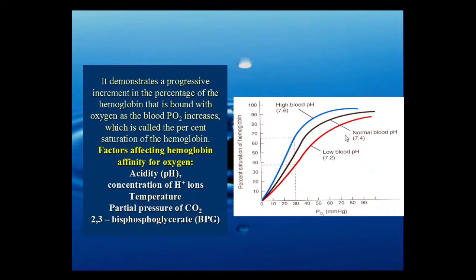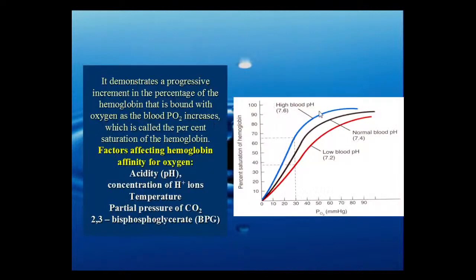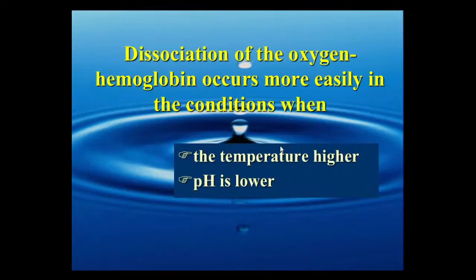Such position of curve we call right shift of dissociation. And on the left shift, you can see here. Dissociation of the oxygen hemoglobin occurs more easily in conditions when the temperature is higher and pH is lower.